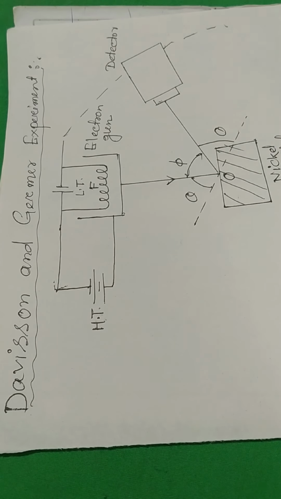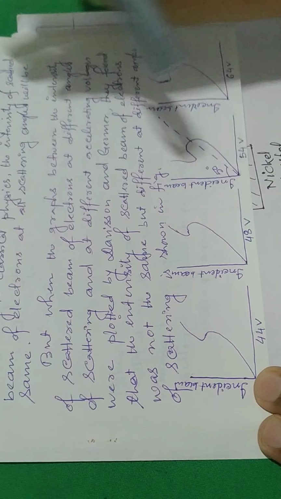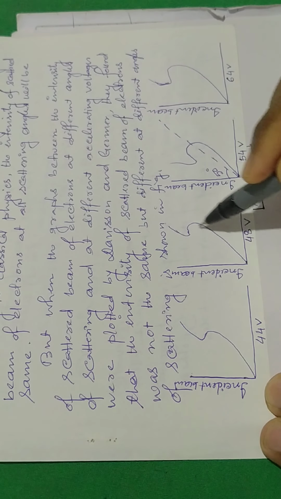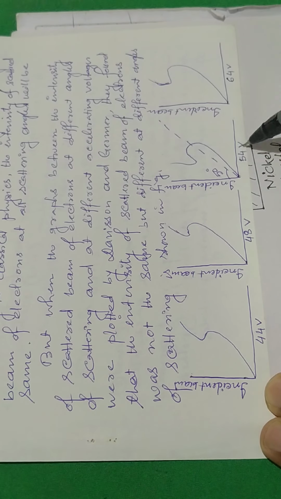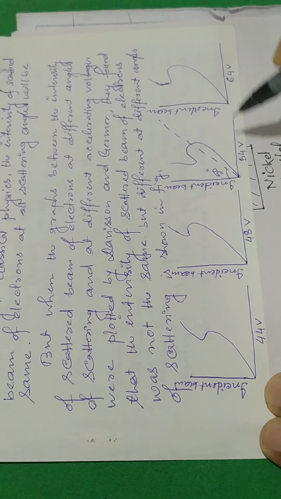So they found a graph like this. At 44 volts it looks like this, at 48 volts like this, and at 54 volts the intensity of the beam is like this.